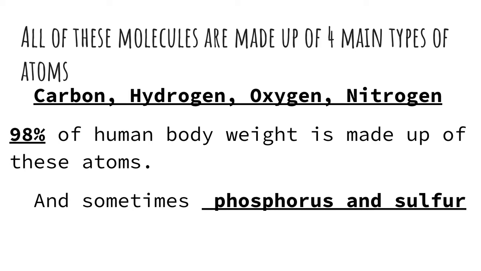Most especially carbon. Remember, if they don't have carbon, they are not an organic molecule. And 98% of the human body weight is actually made up of these atoms: carbon, hydrogen, oxygen, and nitrogen. And phosphorus and sulfur are also important, and we know that they are also a part of many of these biomolecules.